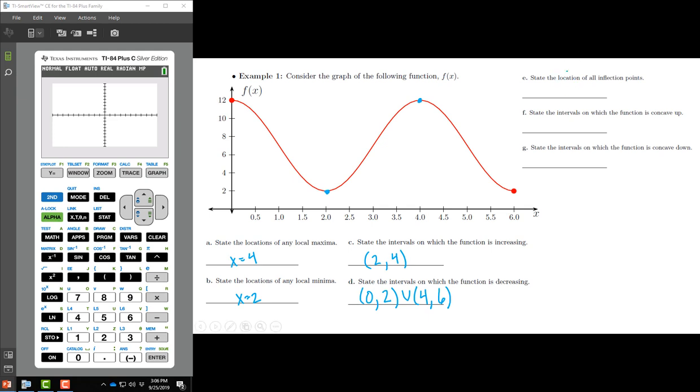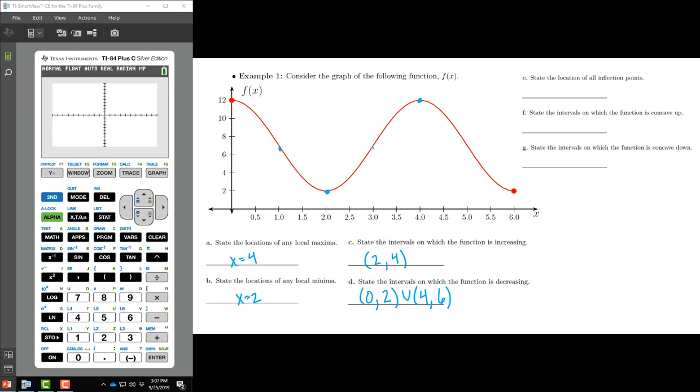All right, now it asks us to state the location of all inflection points, those points where I seem to be transitioning between concave up and concave down. Really, I'm just eyeballing this, but it seems like right here at x equals 1 is a pretty reasonable place to say that I've switched from concave down, so curved down, to curved up.